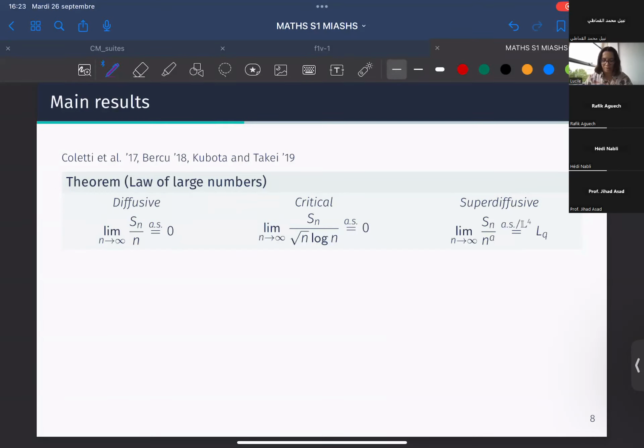But in the super diffusive regime, the position of the elephant random walk normalized by n to the power a converges to a random variable. So this is random. And this random variable is what we are interested in in our paper, because this random variable is not Gaussian.